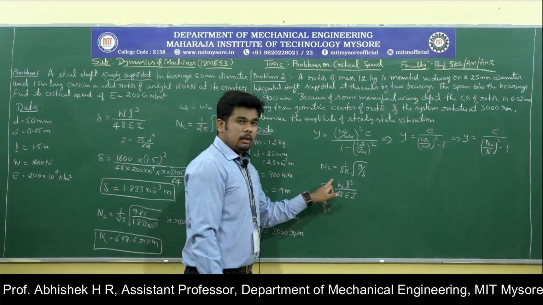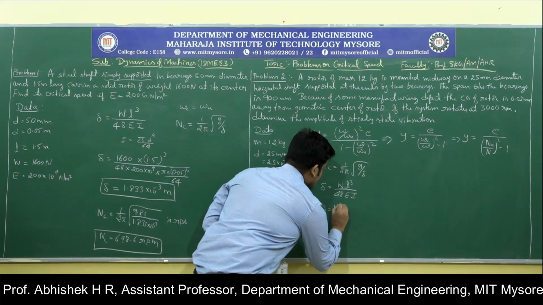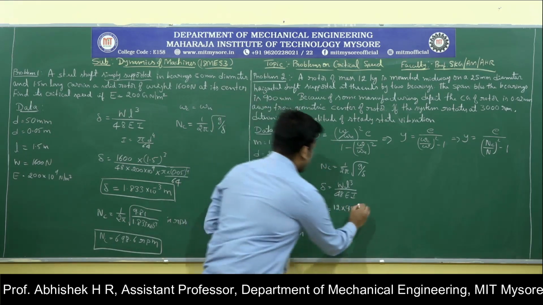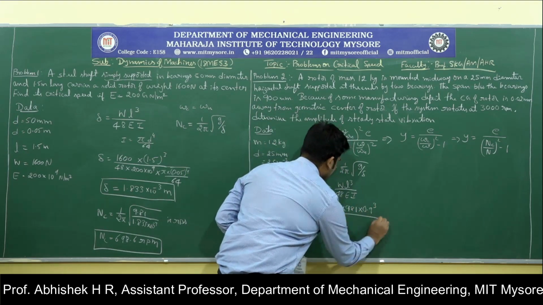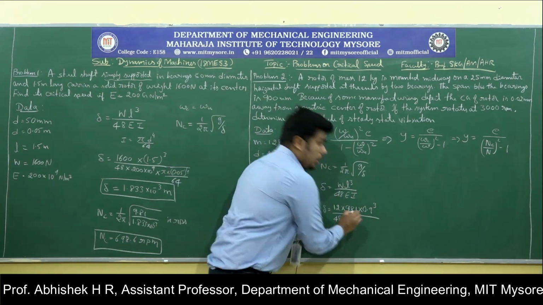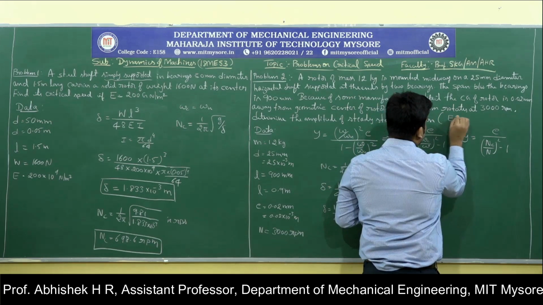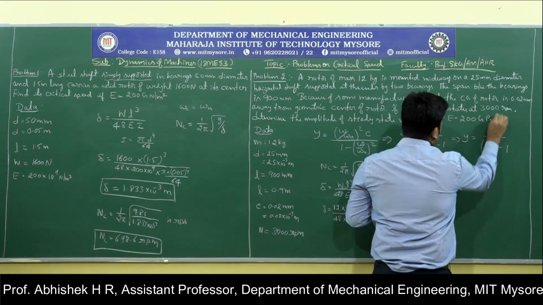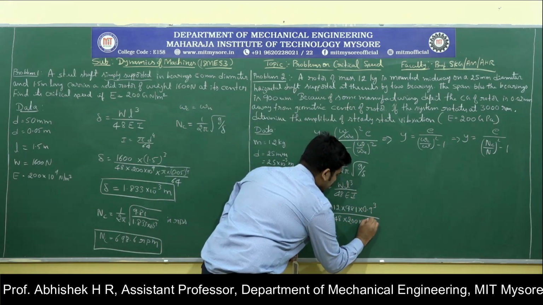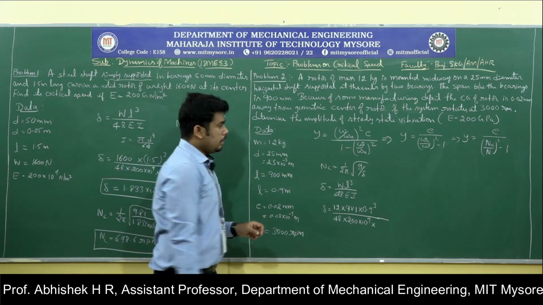Here we have the mass 12 kg, but in the formula it is W. So W is equal to m into g, 12 into 9.81, into length 0.9 cube, divided by 48 into E. E is not given in the problem, so consider E is equal to 200 GPa, that is 200 into 10 to the power of 9.